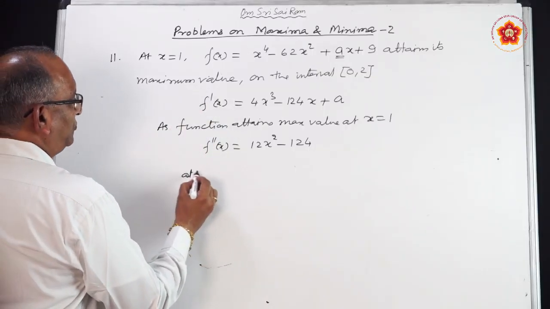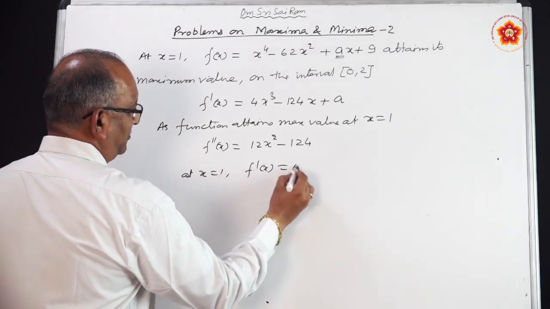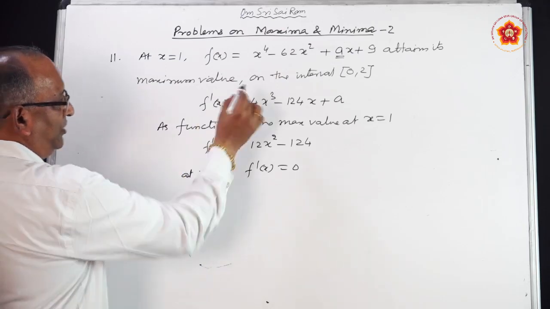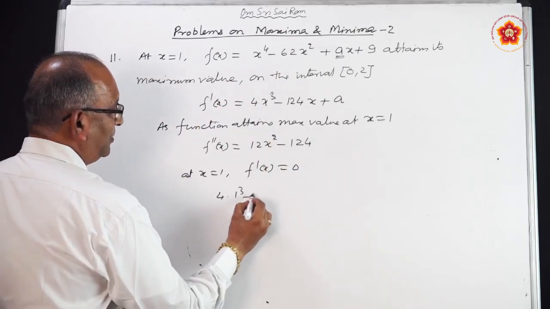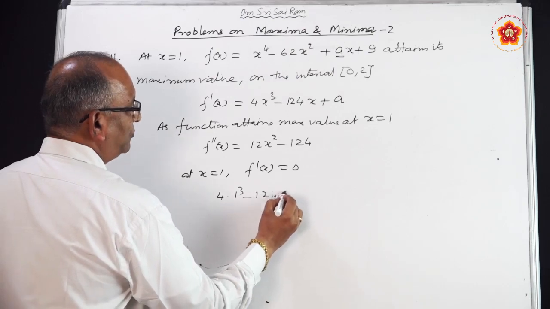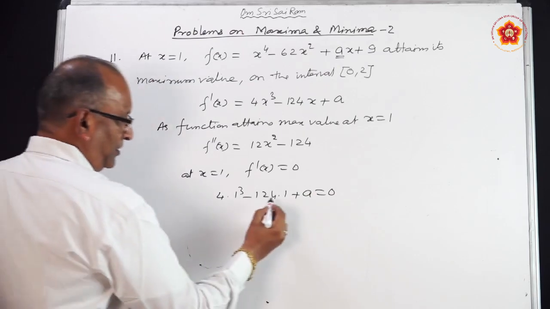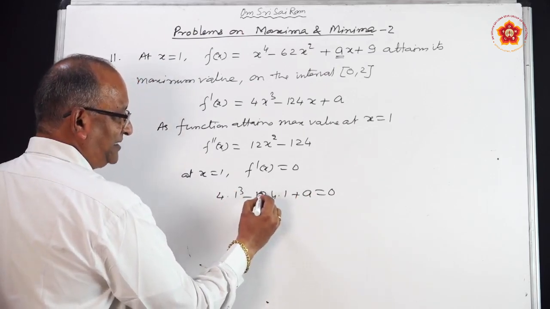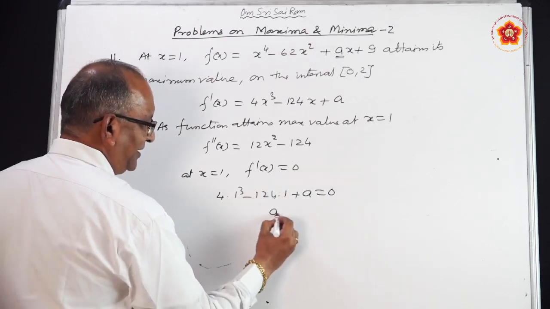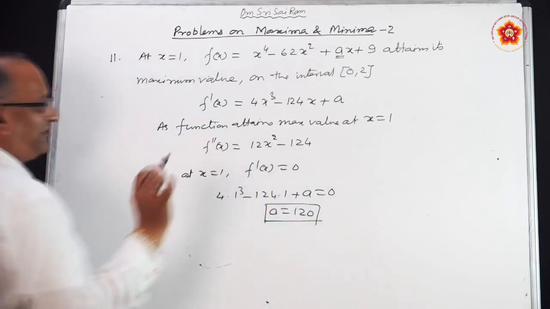At x equal to 1, f dash x is equal to 0. So, substitute x equal to 1 and equate with 0. You will get 4 into 1 cube minus 124 into 1 plus a equal to 0. We want to find out a. So, this is 4 minus 124 is minus 120. Take it to the other side, it will become a equal to 120.